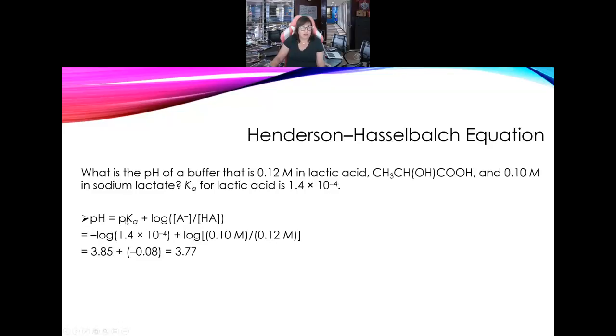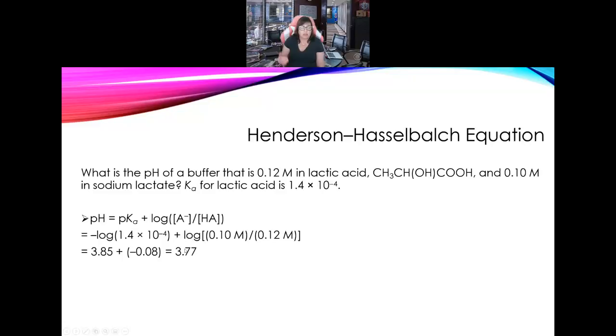So pH equals pKa plus the log of the base over the acid. So I take the negative log of the Ka plus the log of the base, which is the 0.1 molar sodium lactate, over the acid, which is the lactic acid. I then can calculate what that pH is going to be, and that's 3.77.